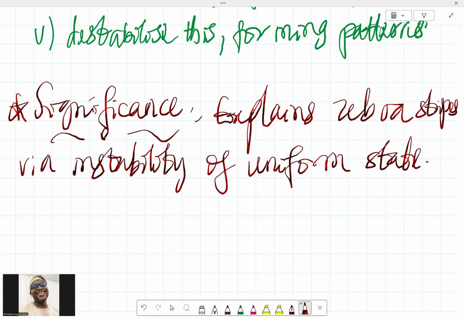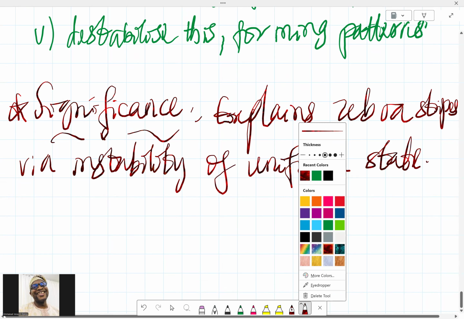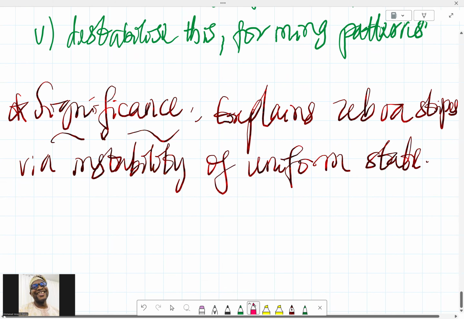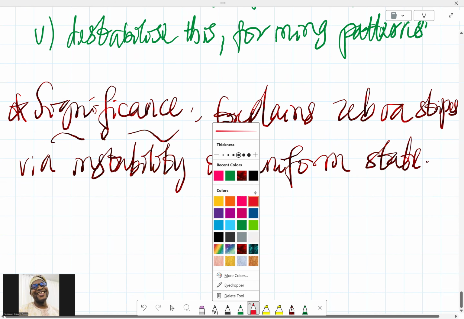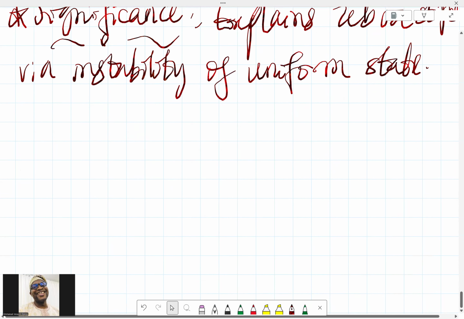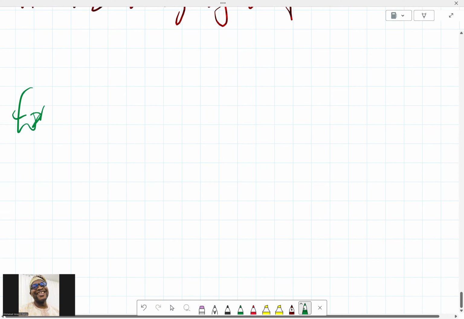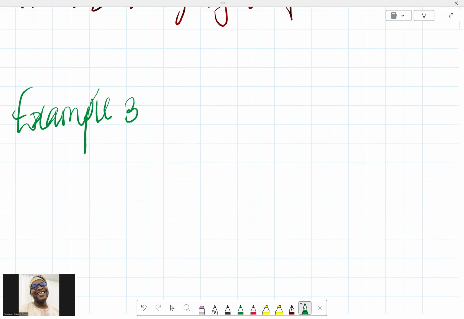Okay. So then let's move on to another interesting example. Example 3, still under biology. Example 1 was under chemistry. Examples 2, 3, and 4 even are under biology.